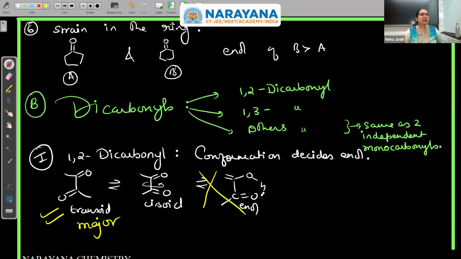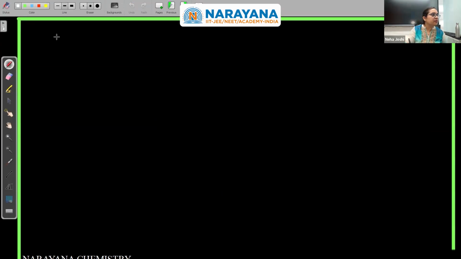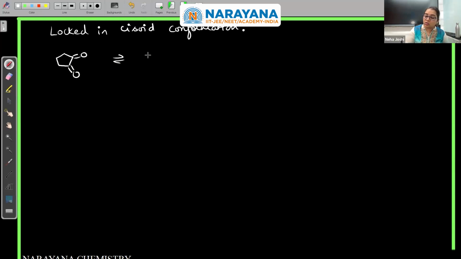In fact, if I have a locked cissoid conformation arrangement, C double bond O, double bond O. Now this cannot rotate to transoid. So it has only one choice. It has to go to enol.